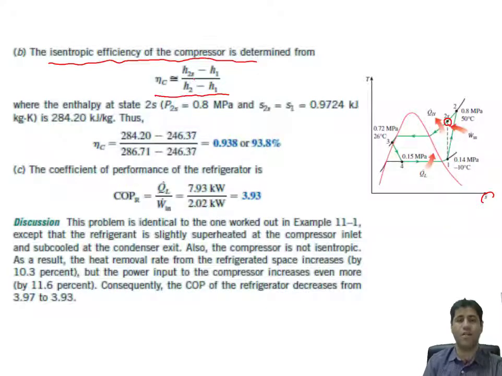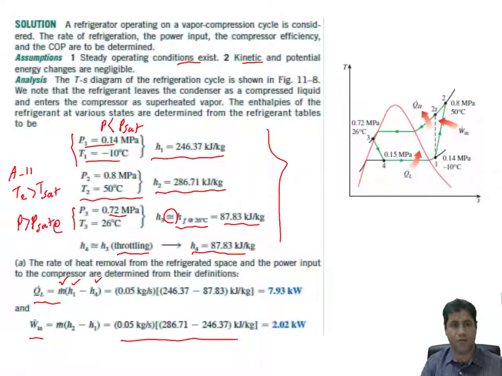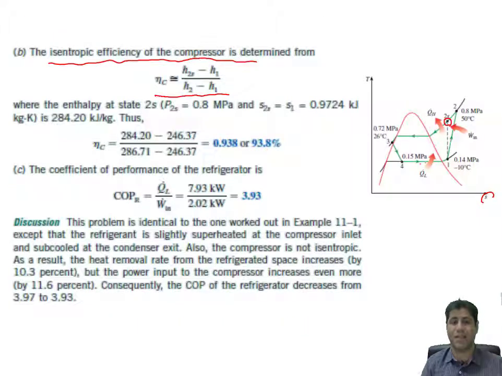How about H2S? To find H2S, we know the entropy at this state is equal to the entropy at state 1, and we know how much the entropy at state 1 is, because from the information which we have here, P1 and T1, we can refer to the table for superheated refrigerant.